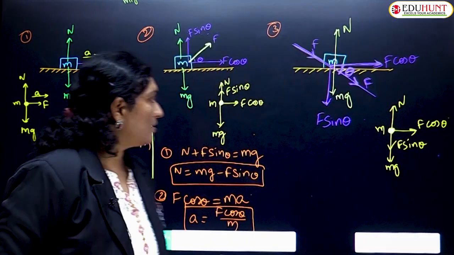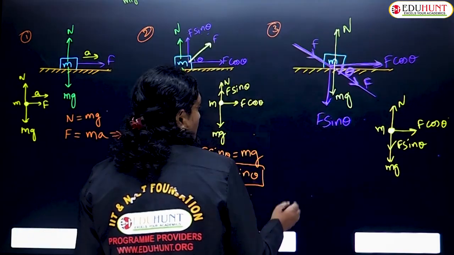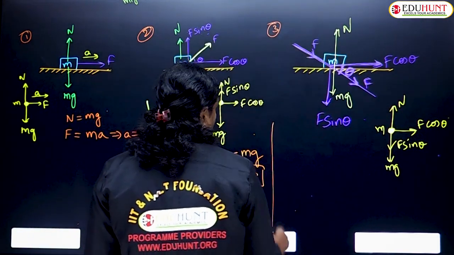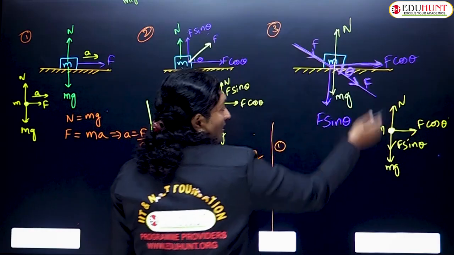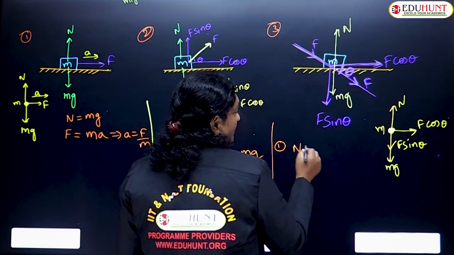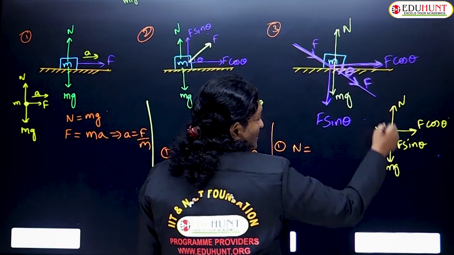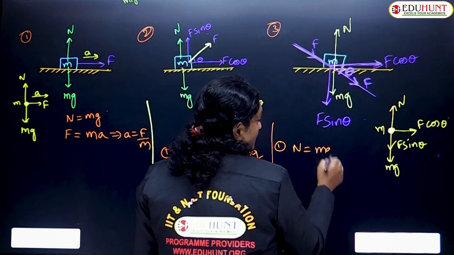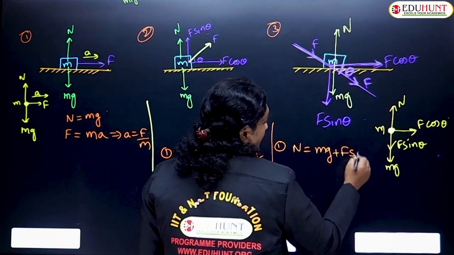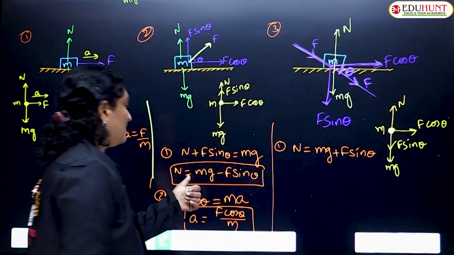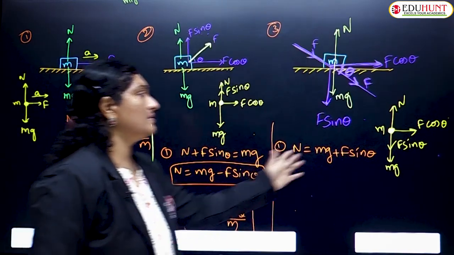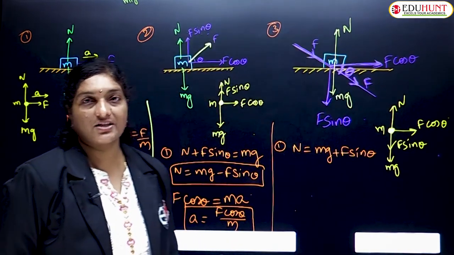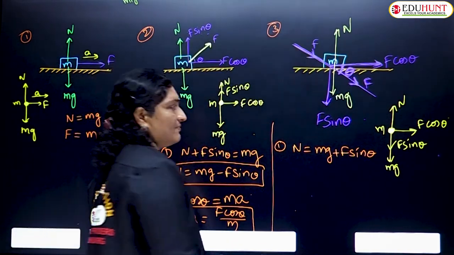Based on that, let us write the equations. First equation: the upward force must be balanced by the downward force. That is, the upward force N is equal to the downward force mg plus F sin theta. Earlier N was found to be mg minus F sin theta. Now the normal reaction N is found to be mg plus F sin theta.